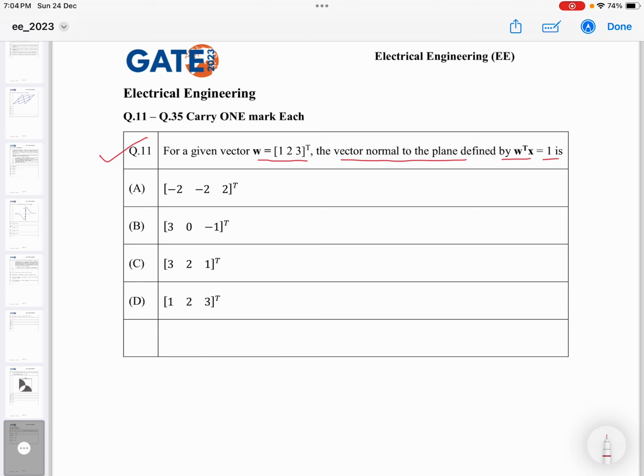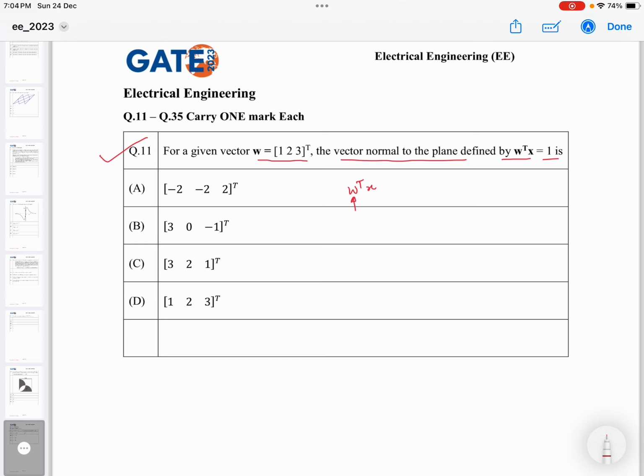First of all, you should get to know what this operation is. This is nothing but the dot product, right? So this w is going to be perpendicular to the plane that is defined by this.